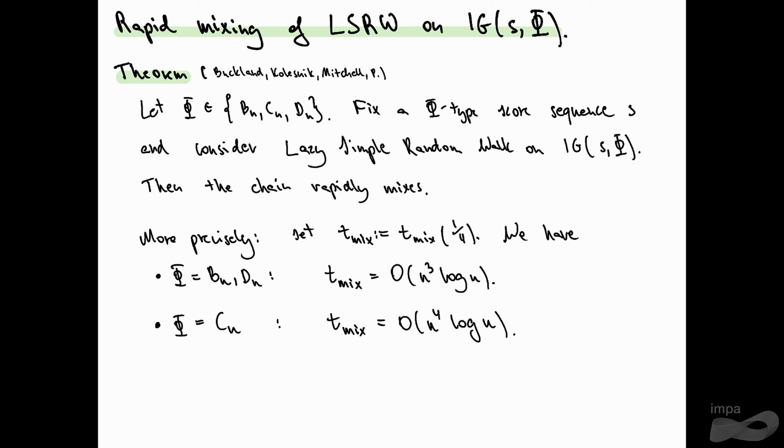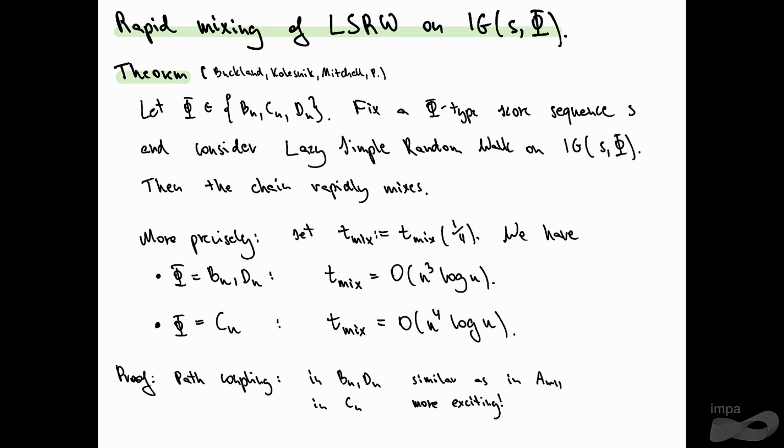But there was some surprise in type C: the naive repetition of the method didn't work, for a reason that I'll hopefully sketch in a moment, and we needed to do something new. The method is path coupling, just as in the classical tournaments case.